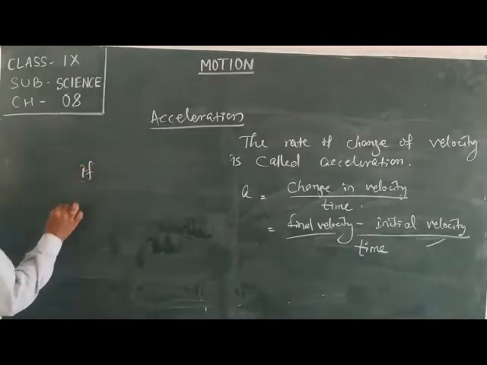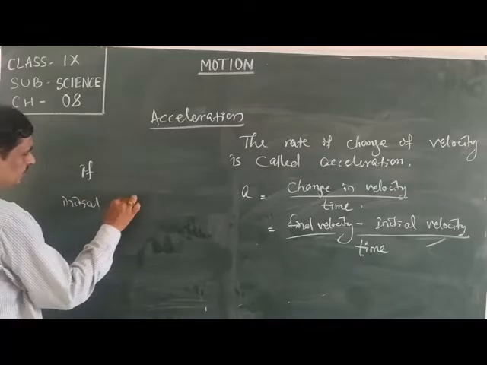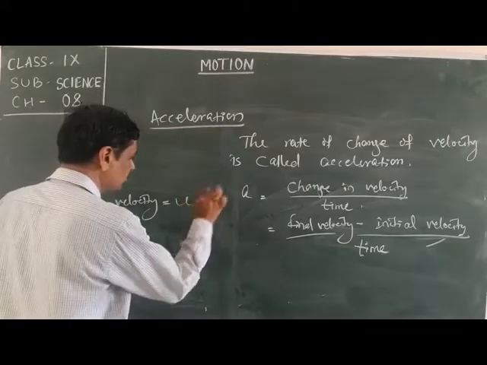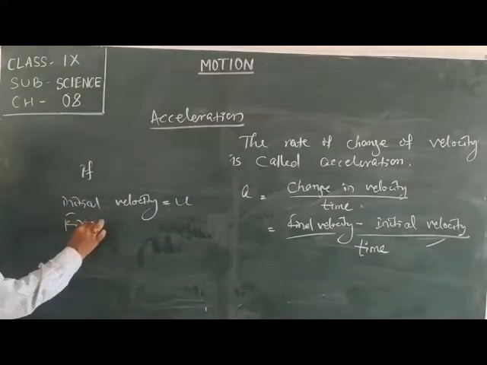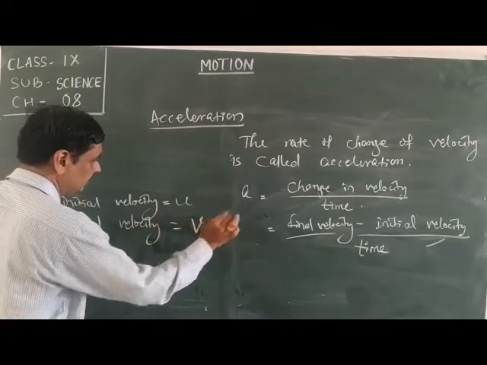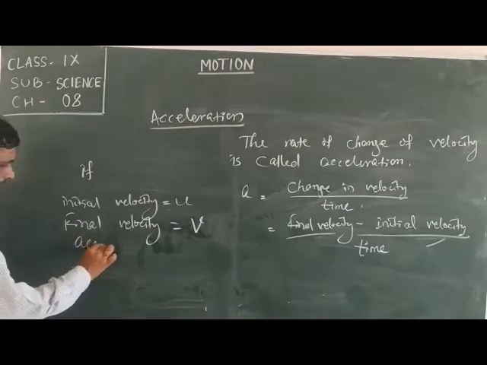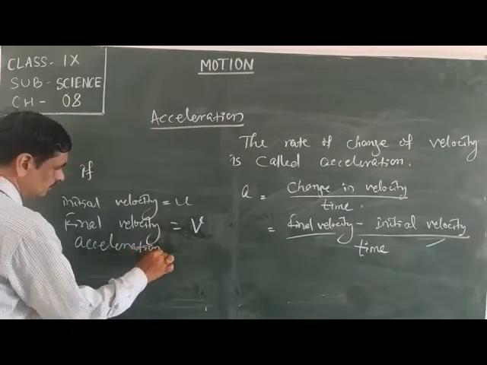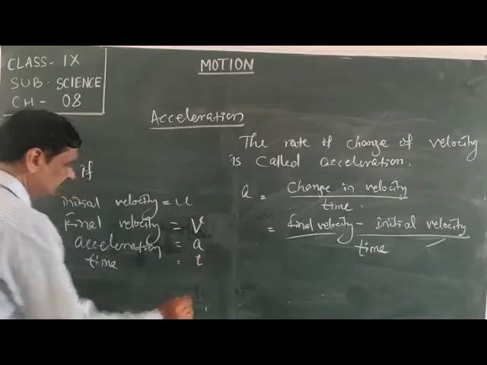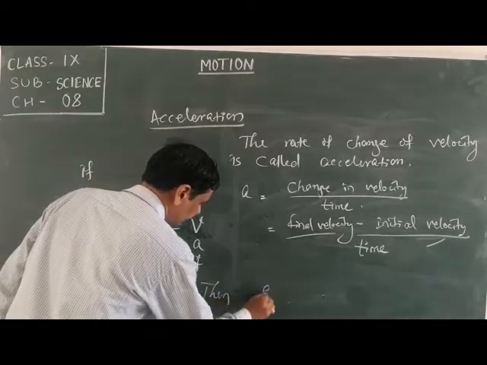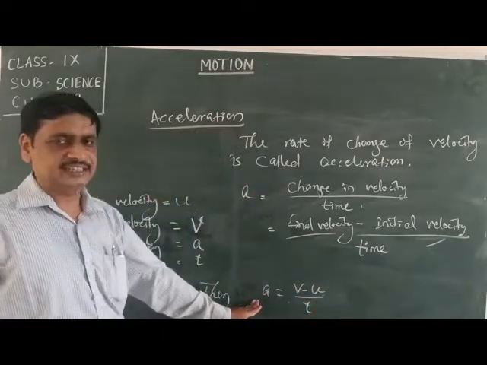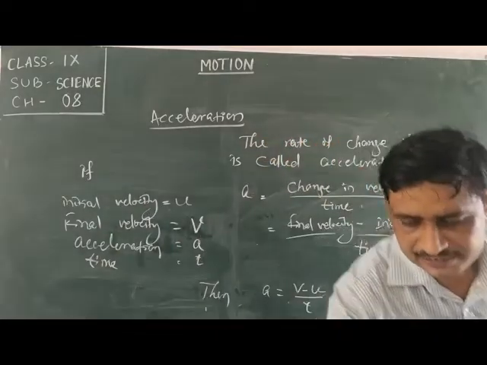If initial velocity is denoted by small u and final velocity is denoted by v, acceleration denoted by a and time denoted by t, then a is equal to v minus u by t. Acceleration a is equal to v minus u by t.